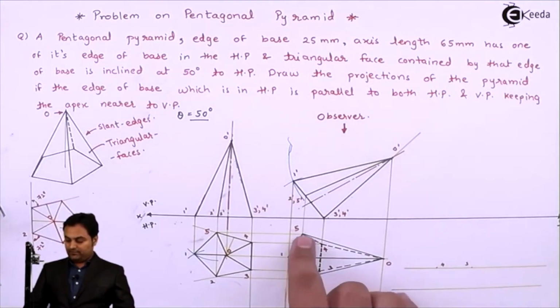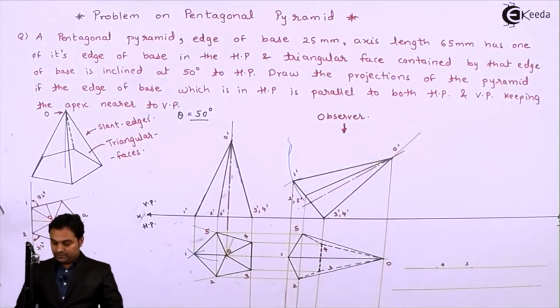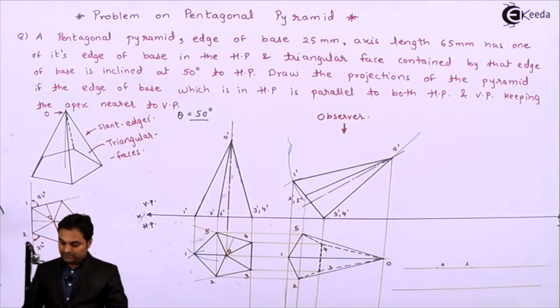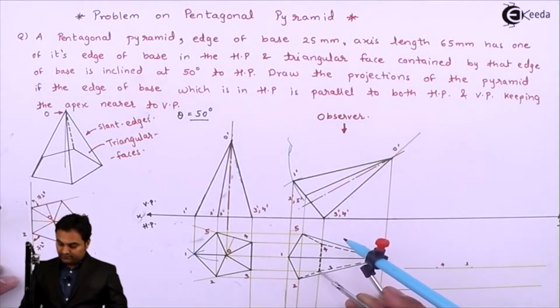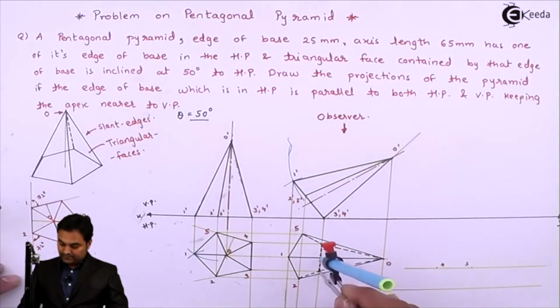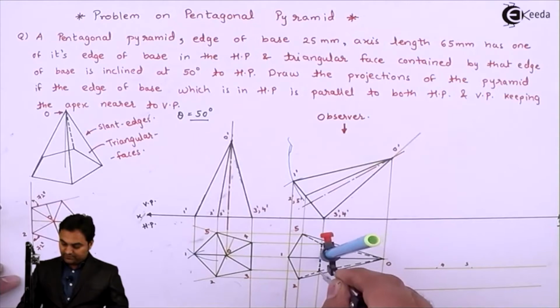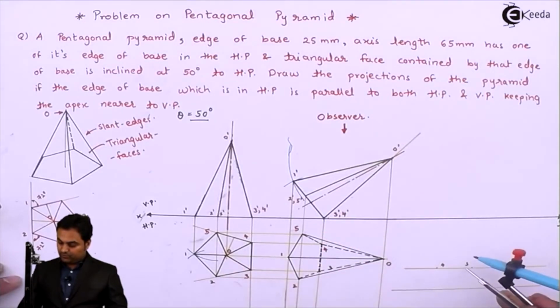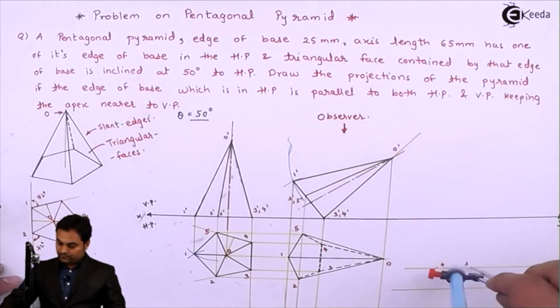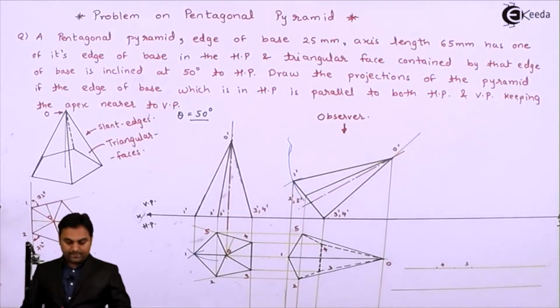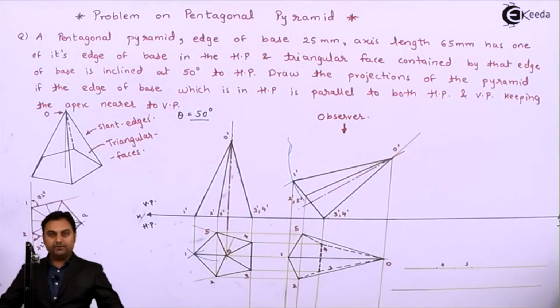Then I want these points, and for that first of all I'll mark the center of this, that is from point 3. I'll take the distance up to the center so that I get this line which is connecting O to 1. So getting the midpoint of this, and next drawing a perpendicular through it.